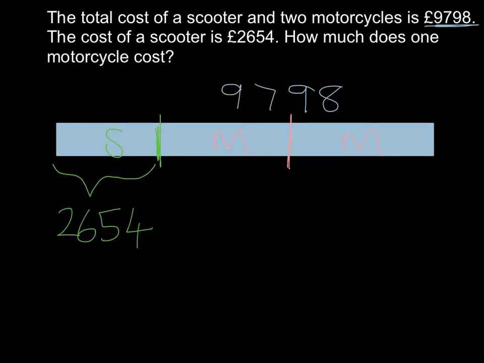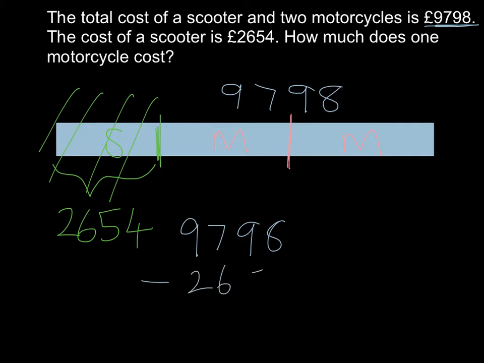Yes, I can, because I can actually get rid of this part by finding the difference. So 9,798 take away 2,654. 8 take away 4 is 4. 9 take away 5 is 4, 7 take away 6 is 1, 9 take away 2 is 7.